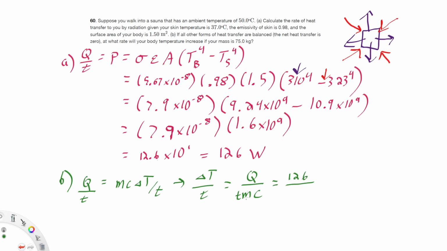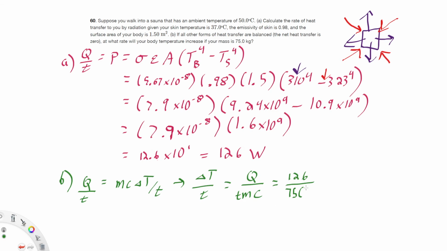Our mass is given as 75 kilograms, and the specific heat, your body is mostly water, so it's a pretty good approximation to just say that the specific heat of your body is the specific heat of water.